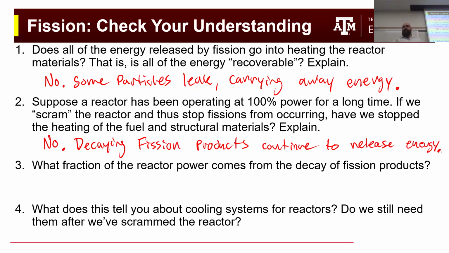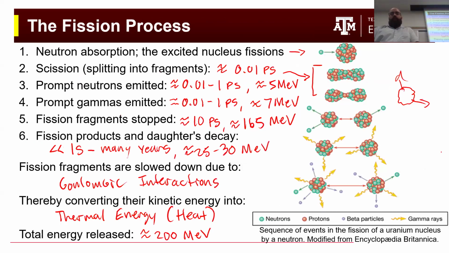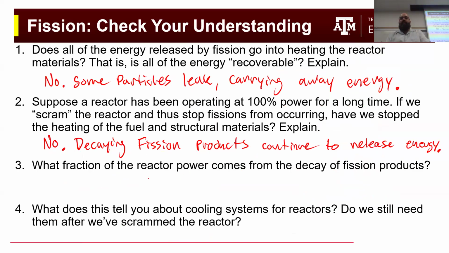If we think about what fraction of the power comes just from decay, we said before that about 25 to 30 MeV is associated with the fission products and their daughters decaying. But about half of this is neutrinos, which just immediately escape. So if we take half of that and divide by the total, we've got about 13 to 15 MeV over the total 200 MeV.